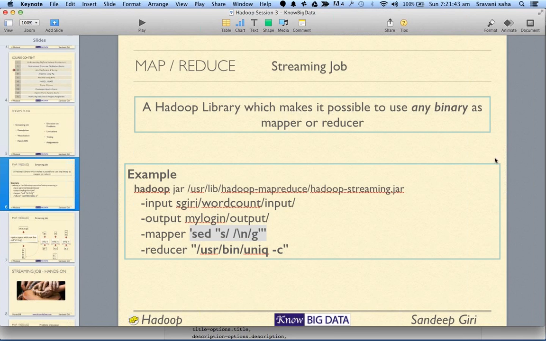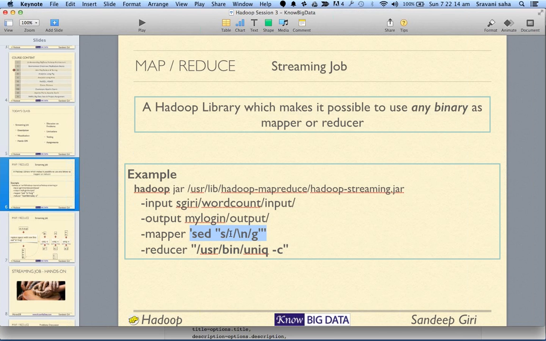So SED is a command in Unix which replaces anything with anything, just like in your text editor where you press Control F and replace. It's a command to replace a string with another string in an input.